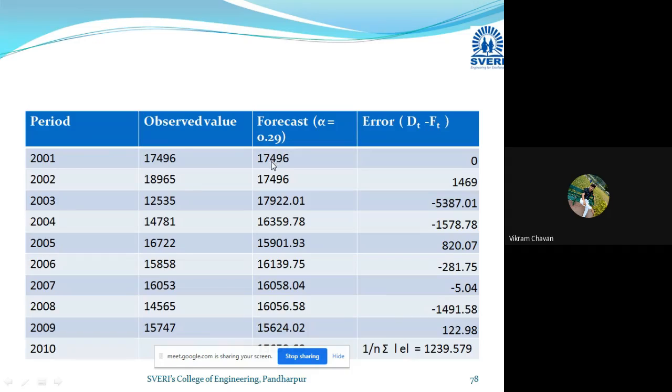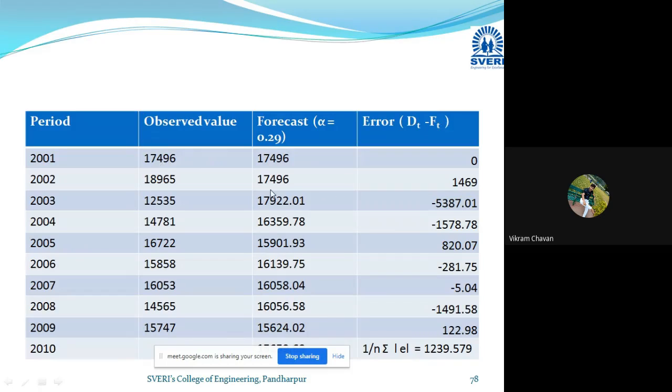If the initial forecasted demand is not provided, then the initial actual demand is considered the initial forecasted demand. So 17,496 as the initial demand, we consider as the forecasted demand in the case of the 2001 year.